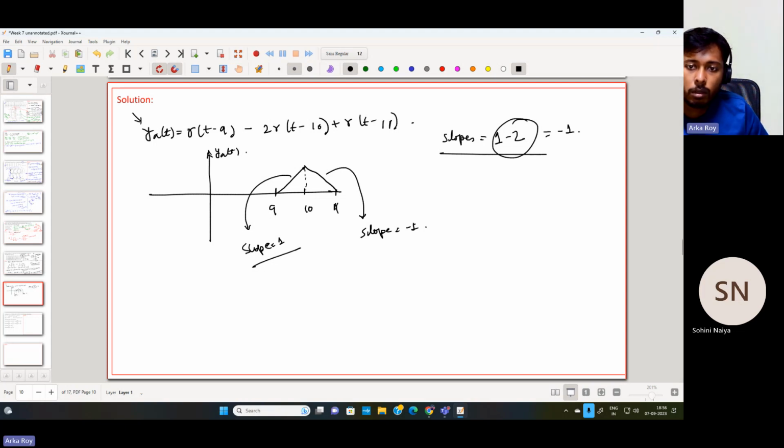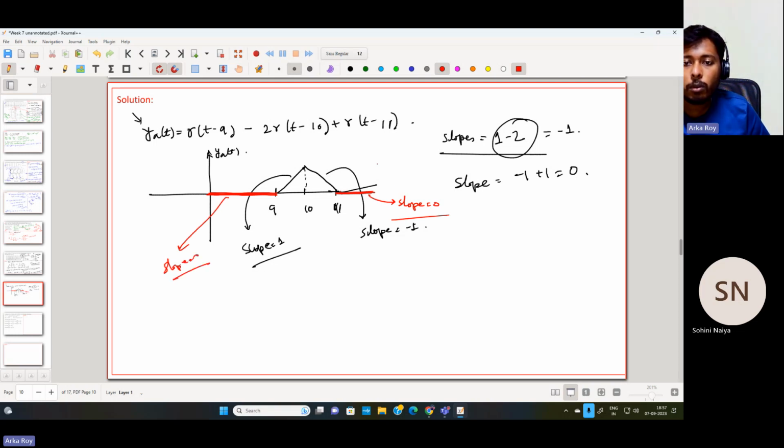The 11th index. After 11, the slope is equal to -1 plus 1, which is 0. That means now there will be no slope, only a straight line around this x-axis. So this slope is equal to 0, and over here also slope is equal to 0. So this is the signal, and the signal will have a range of 9 to 11.